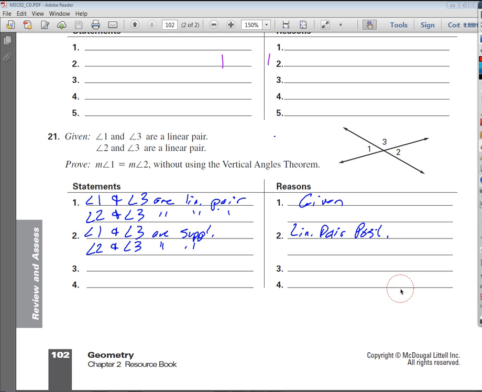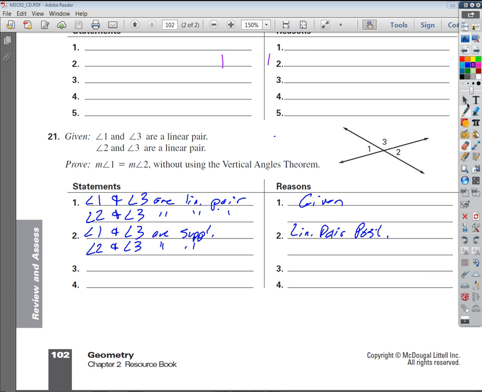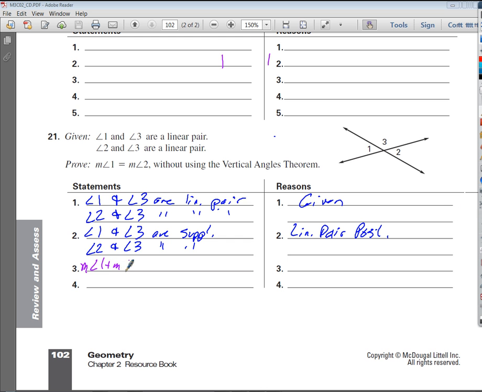We could have done this: measure of angle 1 plus measure of angle 3 equals 180. Measure of angle 2 plus measure of angle 3 equals 180 by the definition of supplementary angles.